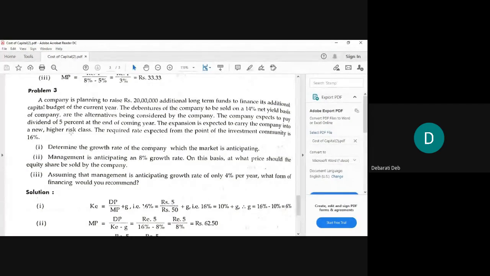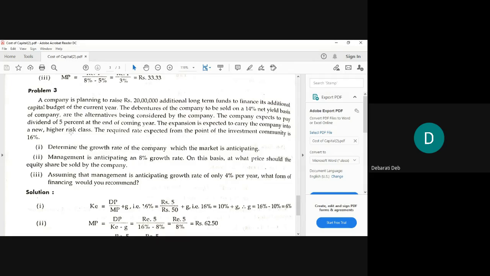That means the capital it is planning to generate is rupees 20 lakh. The debentures of the company are to be sold on a 14% net yield basis. Are these the alternatives being considered by the company? If the alternatives are considered for selling the debentures, then it will be done on a 14% net yield basis.